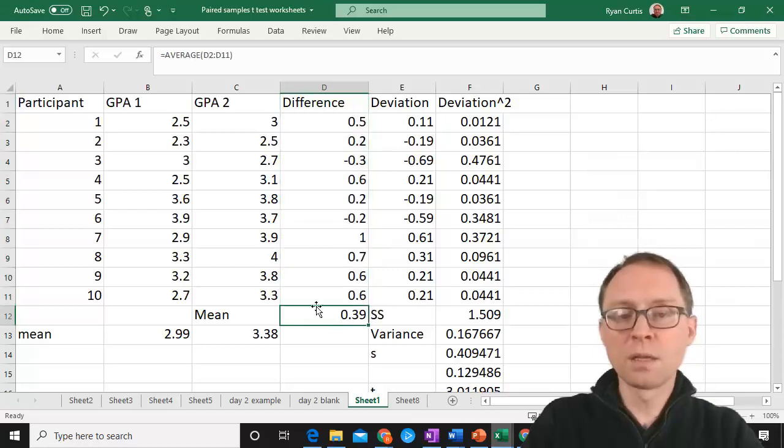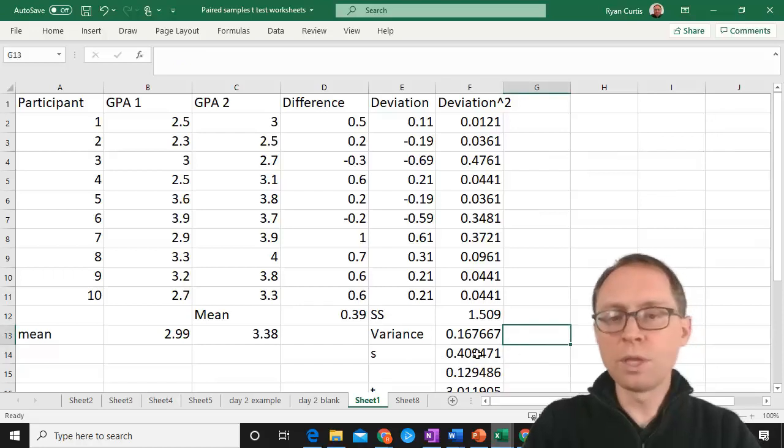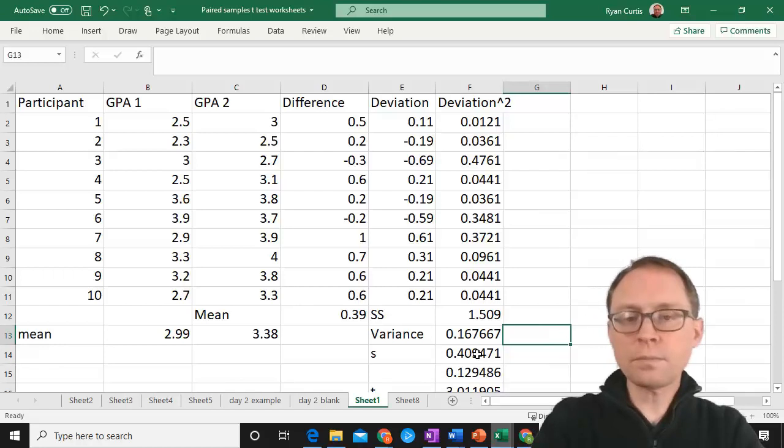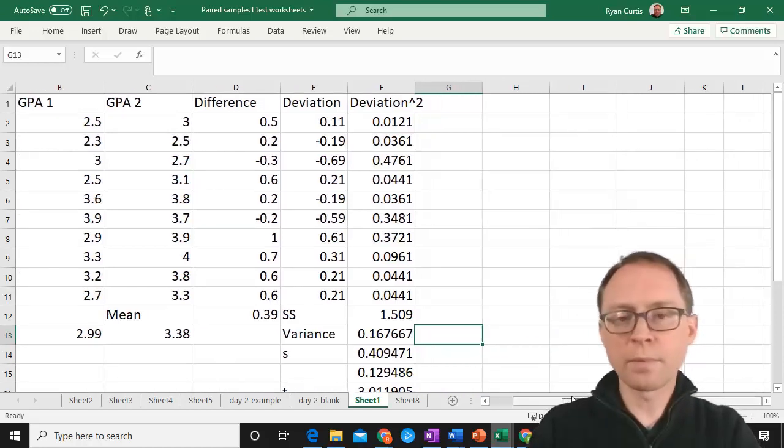So the mean, d bar, is this. This is the average of the differences. And then we need to divide that by the standard deviation of the differences, which is right there. So let's go ahead and do this calculation right now. I'm going to scroll this over so we can see it a little bit better.